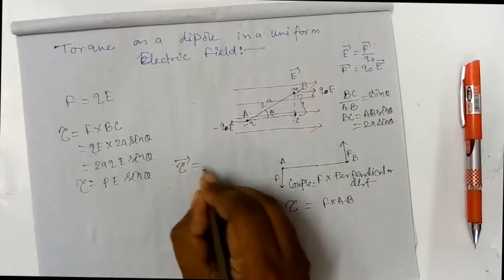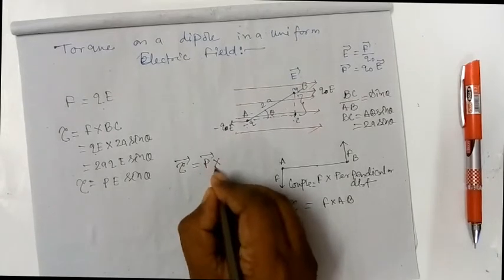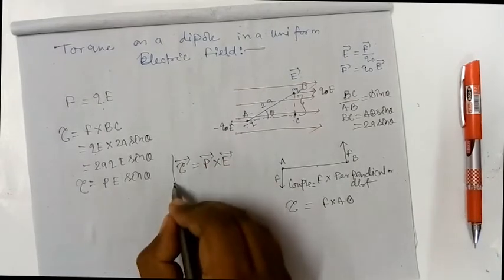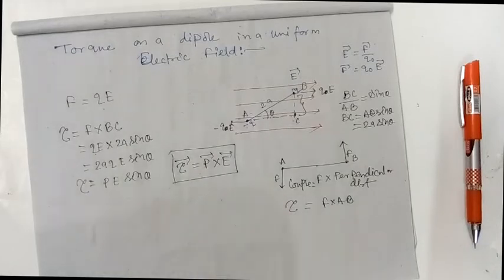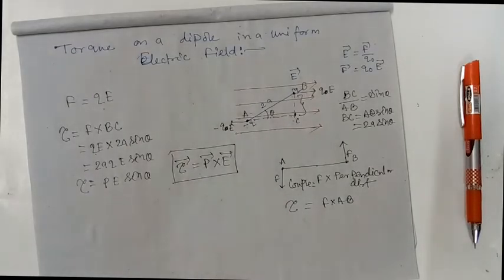That means tau equals p cross E. So the torque on a dipole in an electric field is the cross product of dipole moment and electric field. That means the direction of the torque will be perpendicular to both the dipole moment and the electric field.